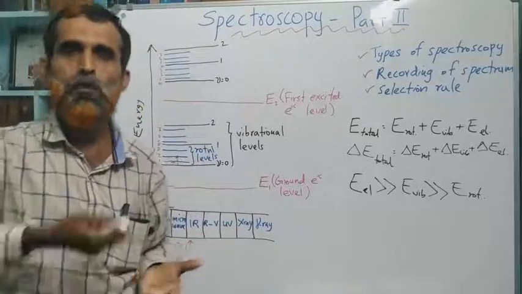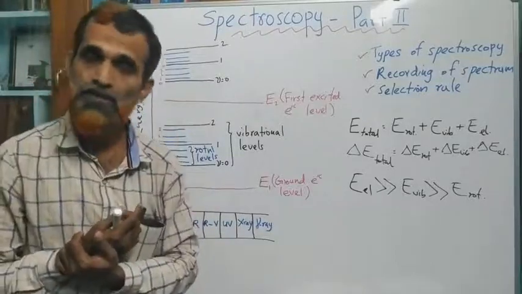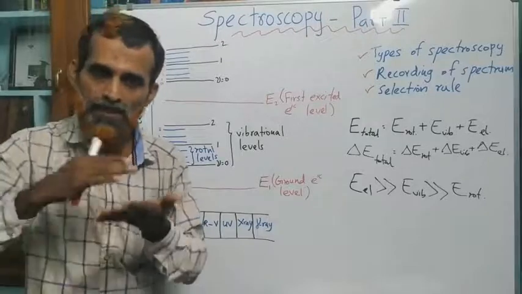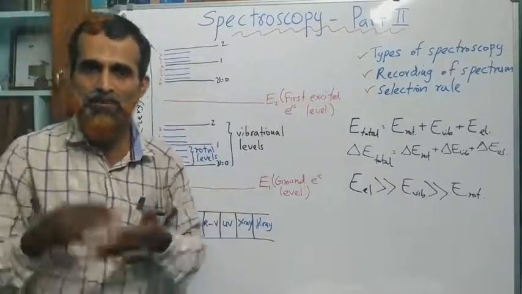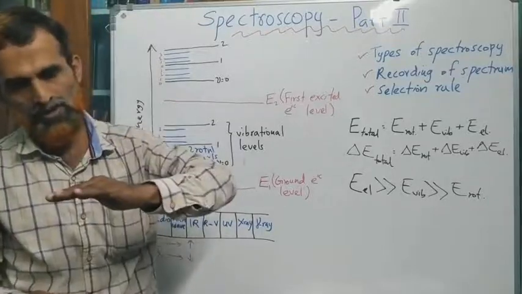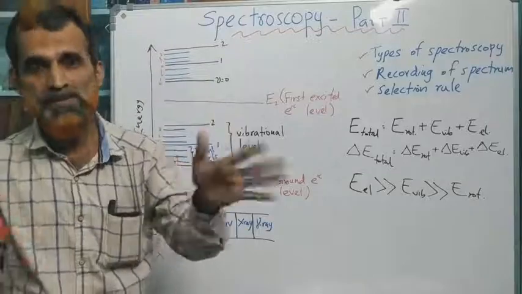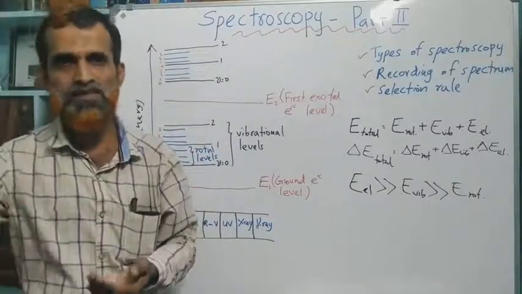So it is absorbing energy and going to a higher rotational frequency, right? That is what is happening during a rotational transition. When we say that a molecule goes from a lower rotation level to a higher rotation level, it means physically that the rotation becomes faster. In the process, it absorbs energy.